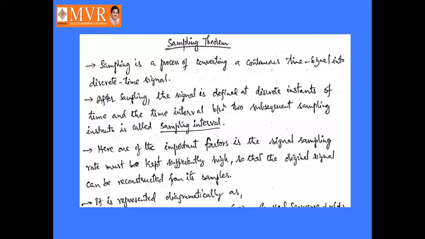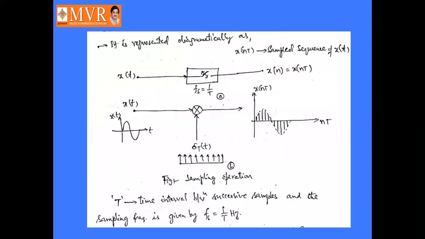It is represented diagrammatically like this. Here x of t is the input signal, and fs equals 1 by T is the sampling frequency. When the switch is on, we get x of n, the sampled sequence of x of t.